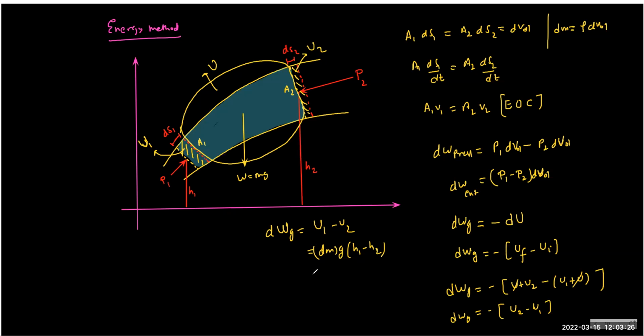We have the work done by pressure. Is there any other work, like normal and all? The answer is no. So what is the work-energy theorem? Work done by all forces equals change in kinetic energy. If the velocity at this location is v1, and the velocity here is v2, we can write work done by all forces equals change in kinetic energy, which is half dm (v2 squared minus v1 squared).